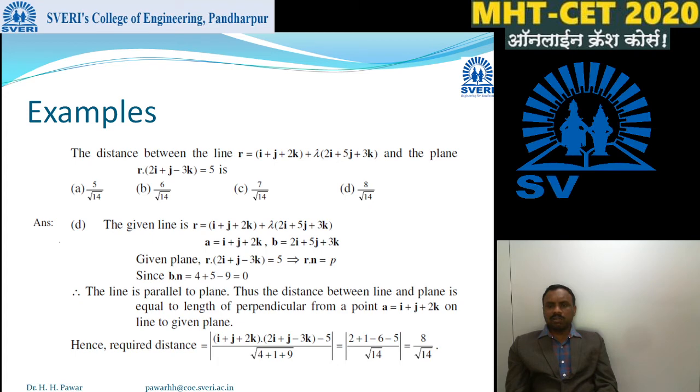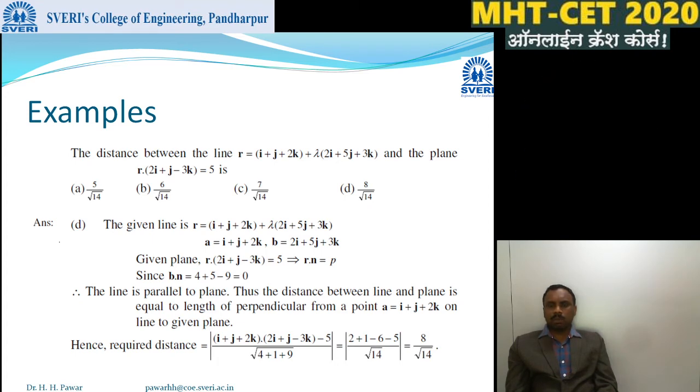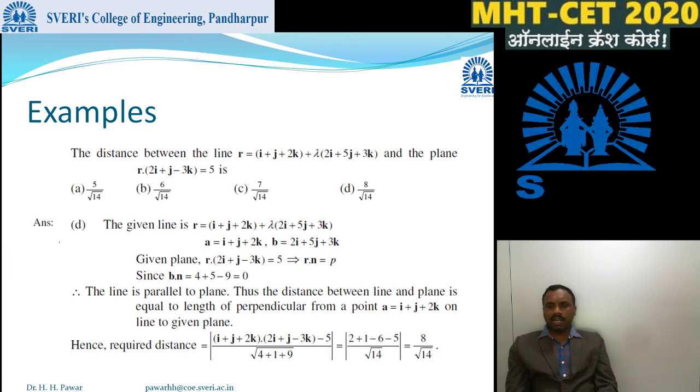Hence the line is parallel to the plane. Hence the distance between the line and plane is equal to the length of the perpendicular from a point A with position vector a bar equal to i plus j plus 2k on the line to the given plane.